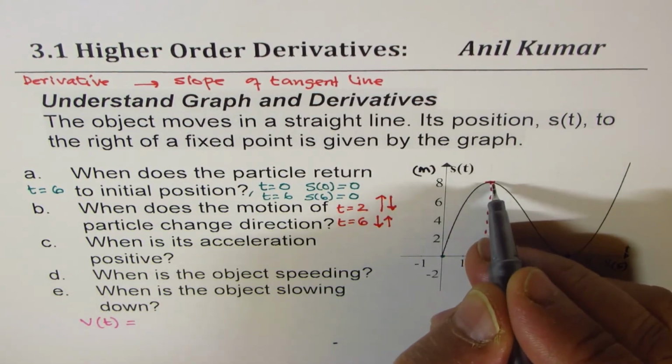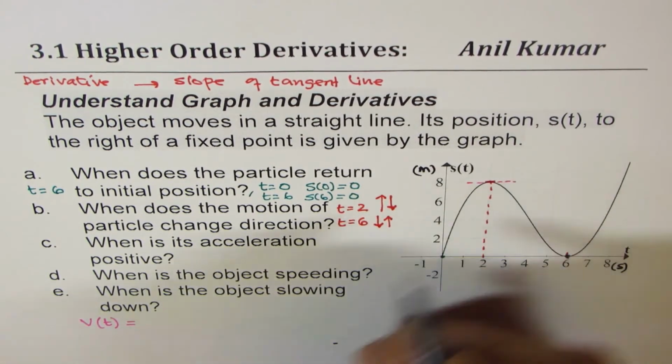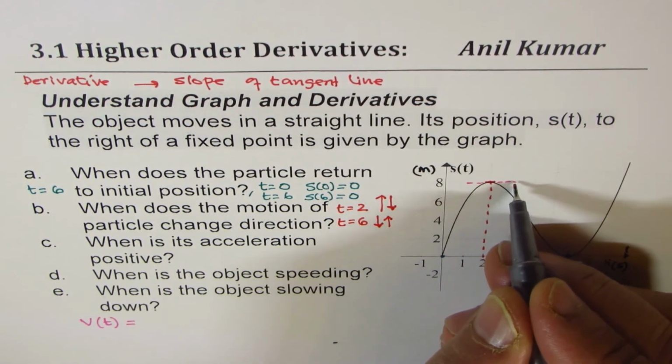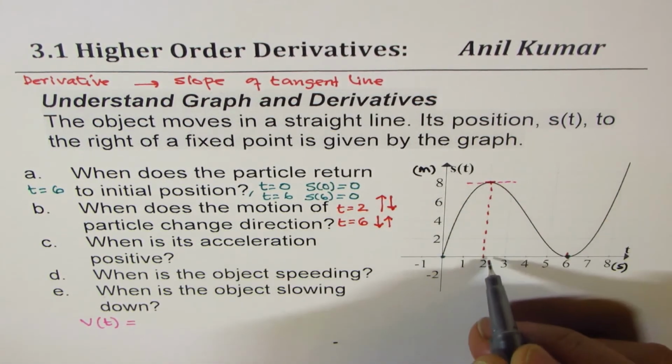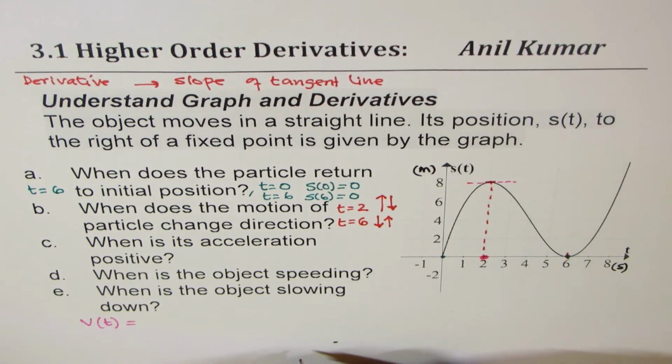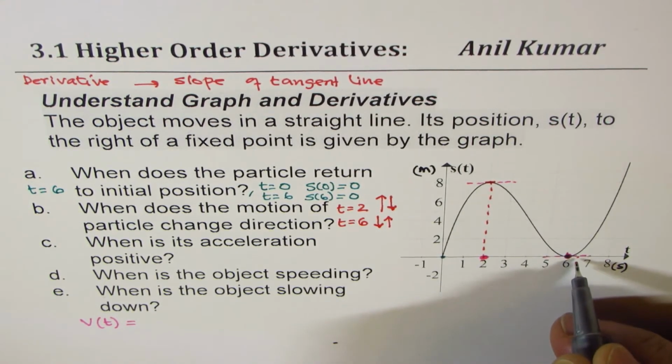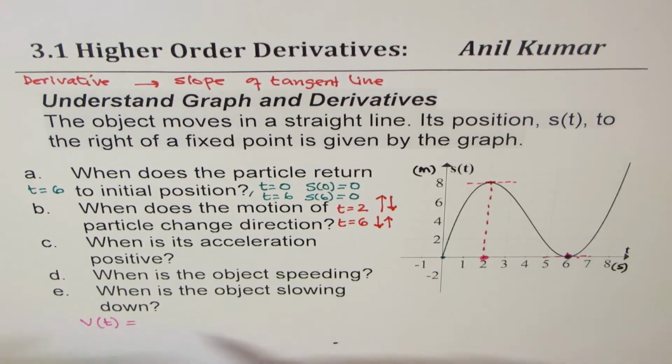Now turning points means that the tangent is going to be horizontal. Perfect. Horizontal means slope is 0. So at this point, velocity should be 0. At 6 also, velocity should be 0 since the tangent at this point is horizontal.